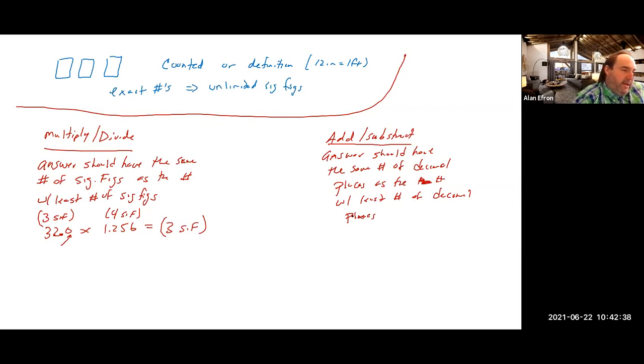So when we add or subtract, again, we're not looking at sig figs, but we're actually looking at decimal places. And the smallest number of decimal places is what our answers should end up with.